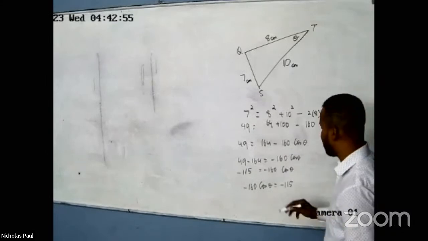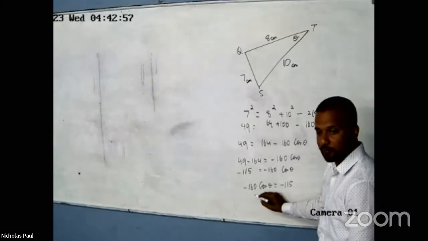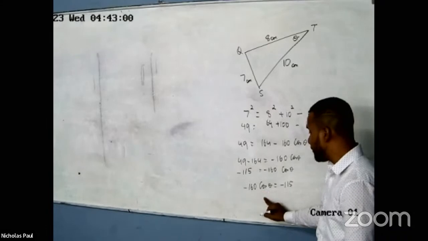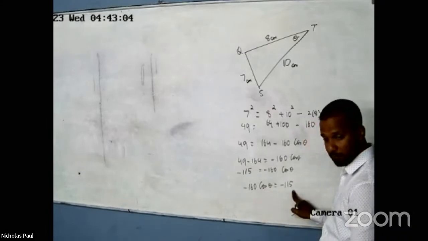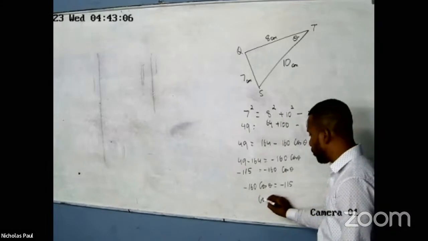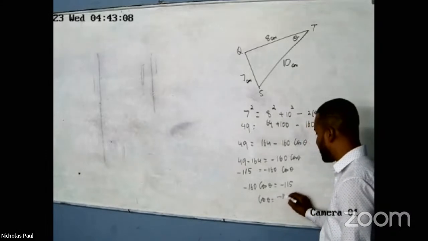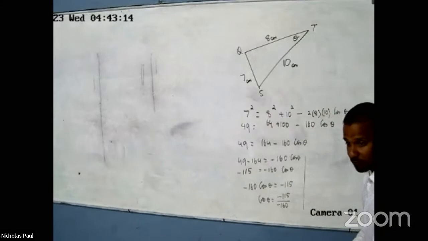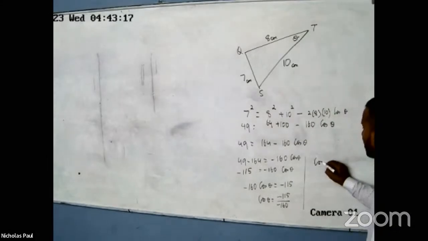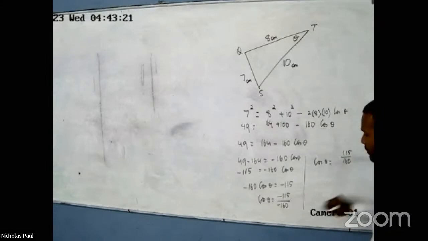So when you reach here, we're trying to make theta the subject. I can take this and move it here. So cosine theta is equal to minus 115 over minus 160. Now, cosine theta is equal to 115 over 160, since a minus and a minus is a plus.